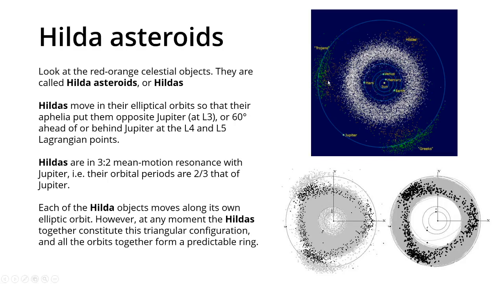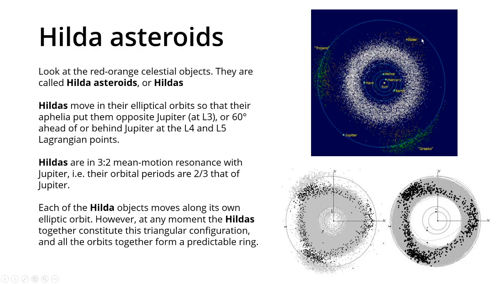Okay, Hilda is another weird asteroid. I say weird because its orbit is so weird. For Hilda, I'll show you some video later on. Don't worry. If you can see these little red orange dots, those are called Hilda asteroids.